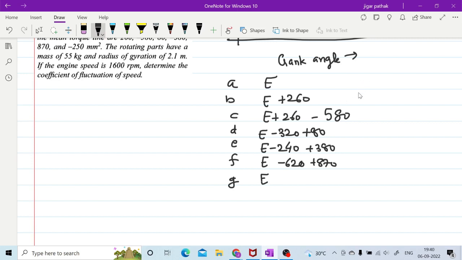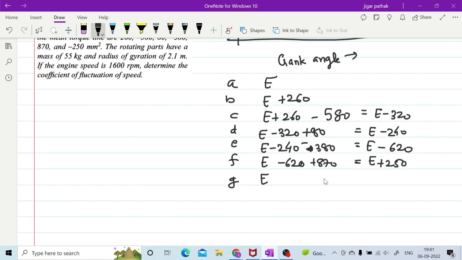So here this is E minus 320, this is E minus 240, this is E, here it is E minus 620, then E plus 250, and again you will have E only. Right? So this is how you can write the energy at different points.